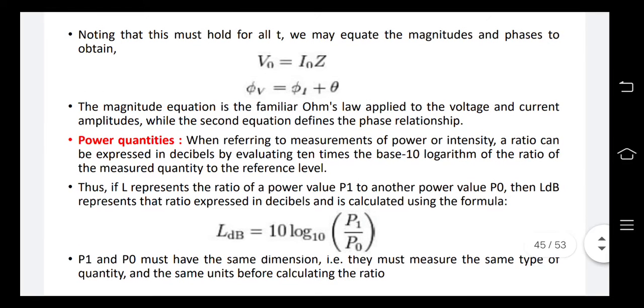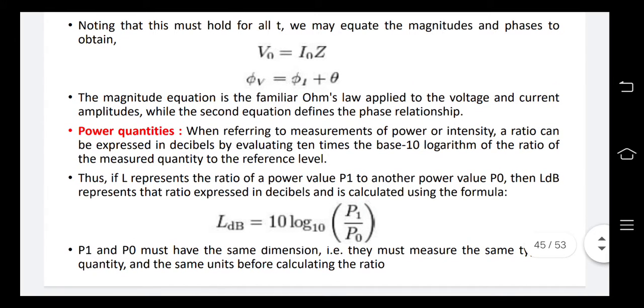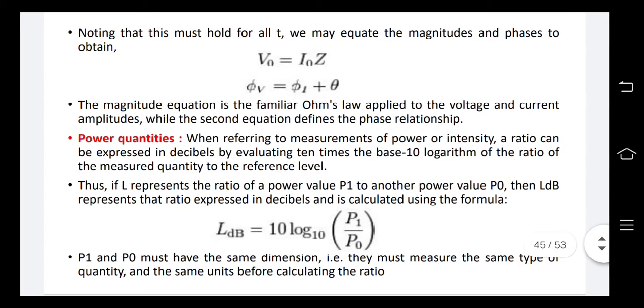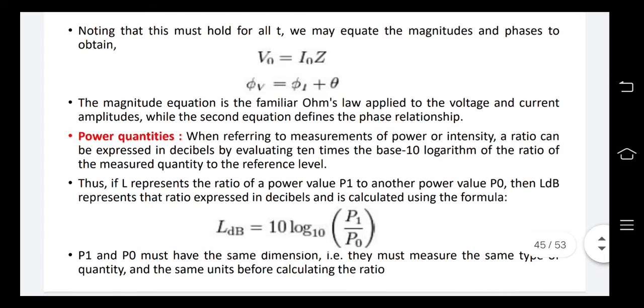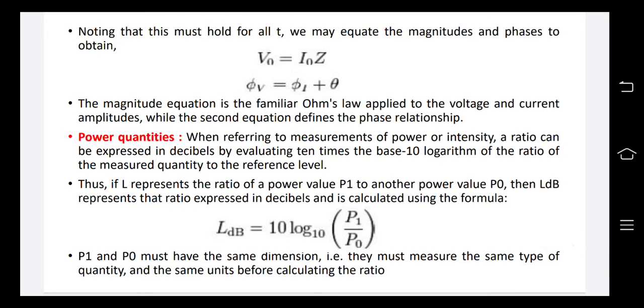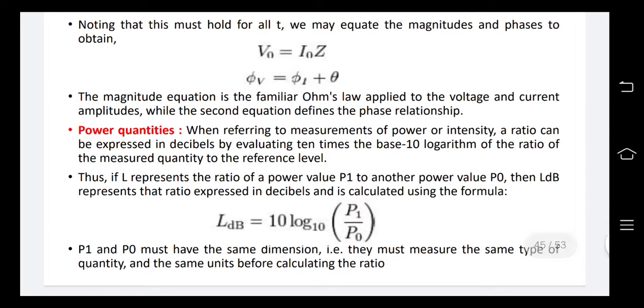Power quantities. When referring to measurements of power or intensity, a ratio can be expressed in decibels by evaluating 10 times the base 10 logarithm of the ratio of the measured quantity to the reference level. Thus, if capital L represents the ratio of a power value P1 to another power value P0, then L dB represents the ratio expressed in decibels.